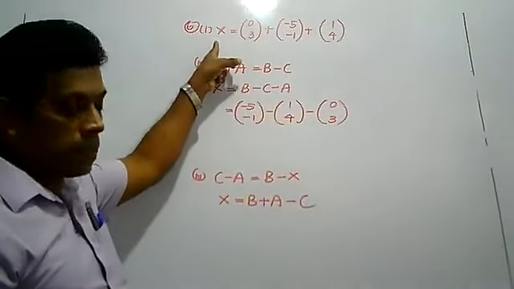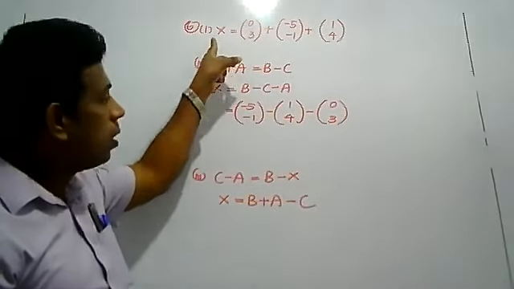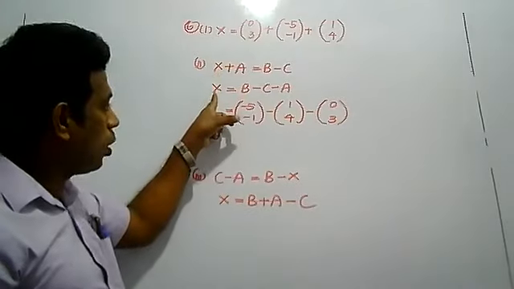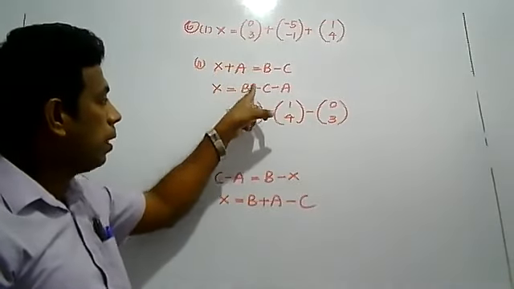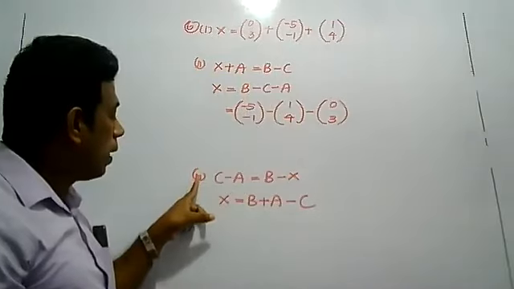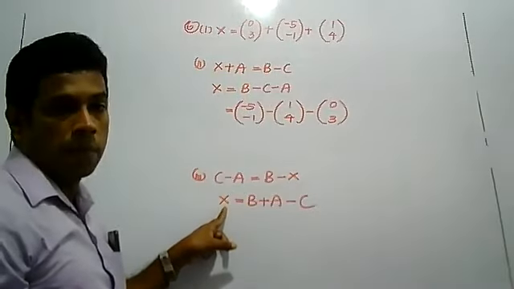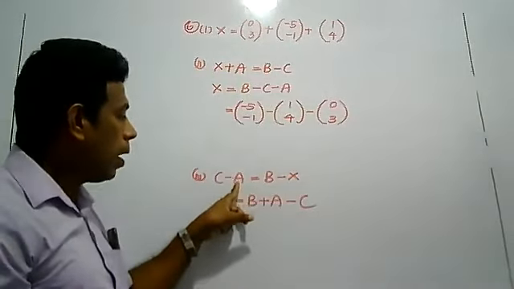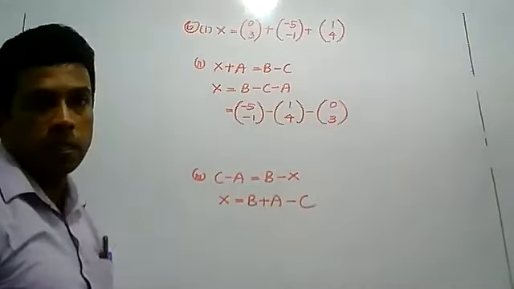First one, x is the subject, that is given, no need to change. Second one, x make into subject, so right hand side B minus C minus A. Third one, when you make x the subject, it equals B plus A minus C.